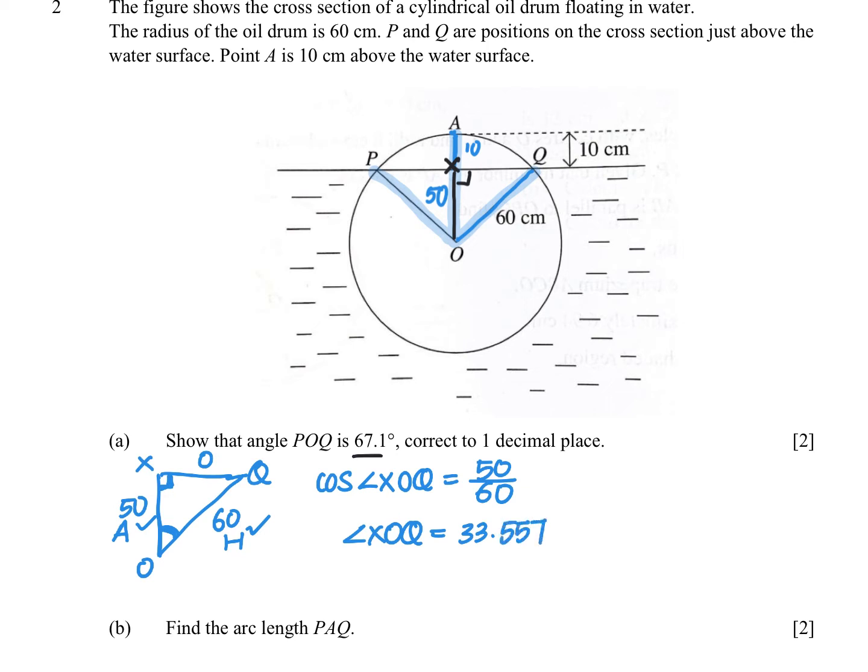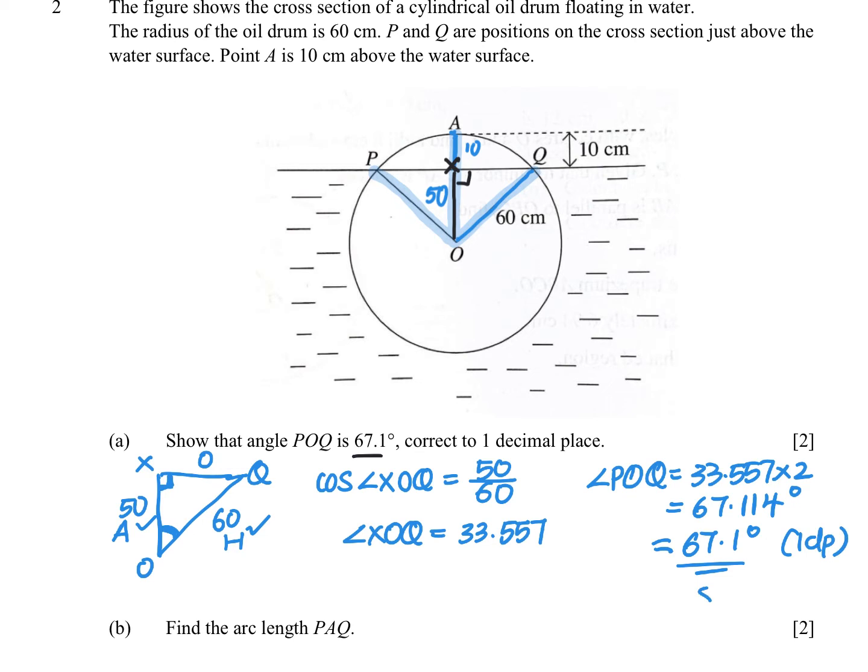Taking this answer for angle POQ, I shall multiply by 2. 33.557 times 2 will give me 67.114 degrees, or rounded off to one decimal place, 67.1 degrees, 1 d.p. shown. So this is how we can use the angle.